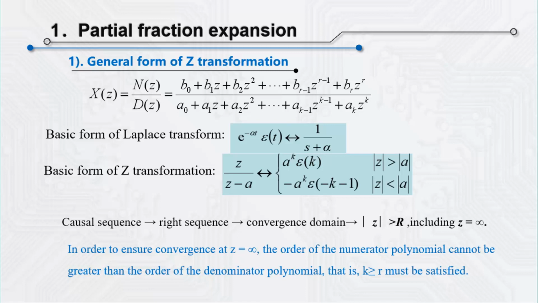We can first review the partially expanded form used in the inverse Laplace transformation. We know that in the inverse Laplace transformation, the most basic form of function we use is the Laplace transformation corresponding to the unilateral exponential signal, in the form of 1 over s minus alpha.